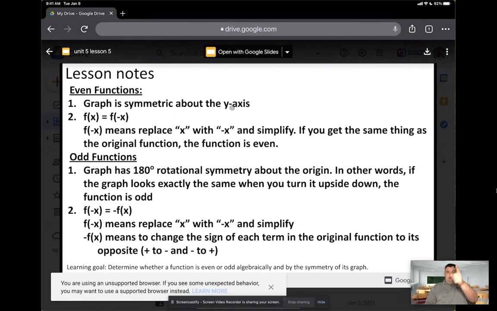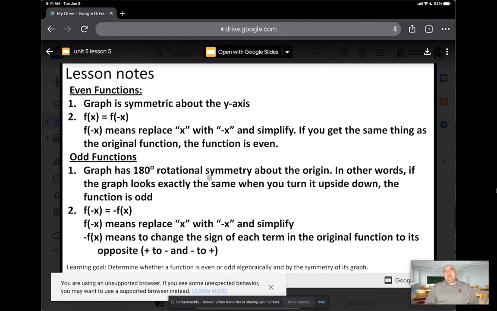Okay, so remember the y-axis is the vertical axis. So if it is symmetric about that y-axis, we consider it an even function. If the graph has what we call 180-degree rotational symmetry about the origin, we consider it an odd function.